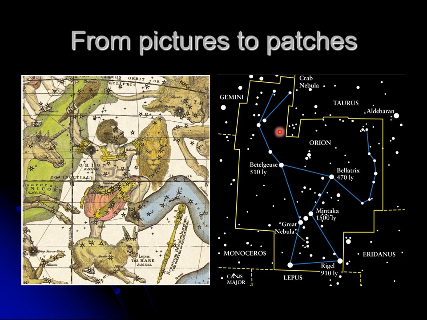So what happened was, in the early part of the 20th century, almost 100 years ago, the International Astronomical Union got together and they divided up the entire sky into 88 segments. And they just drew boundaries in the sky.